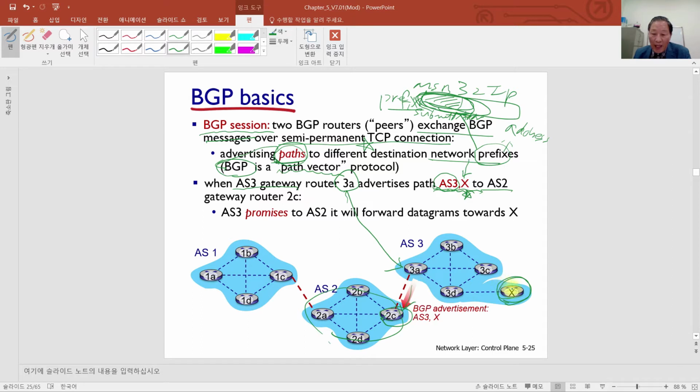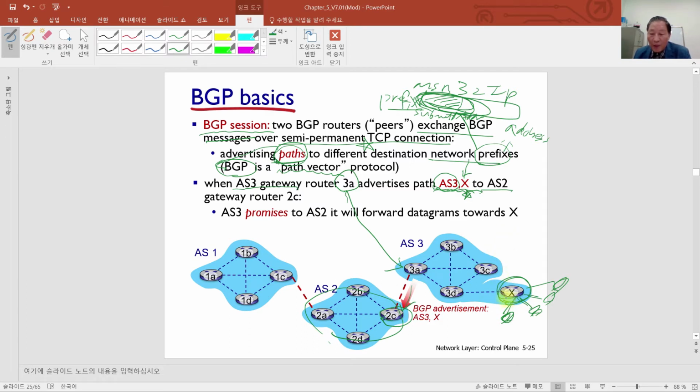You can reach this X IP address, but this one is a subnet address, network address, or if there are many IP addresses being used for other host computers, other nodes.